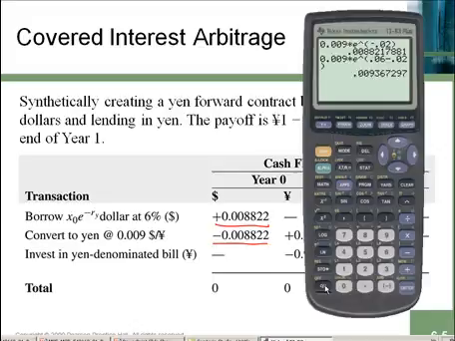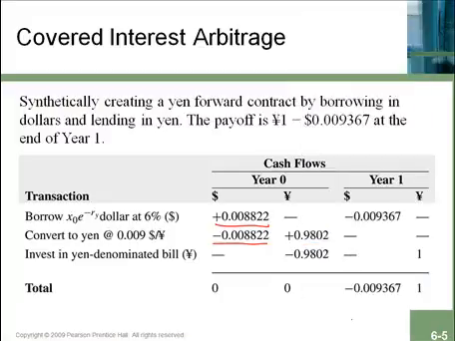If we have $0.008822 right now, and we convert that into yen, we've got to divide by 0.009, and we'll see that we get 0.9802 yen today.